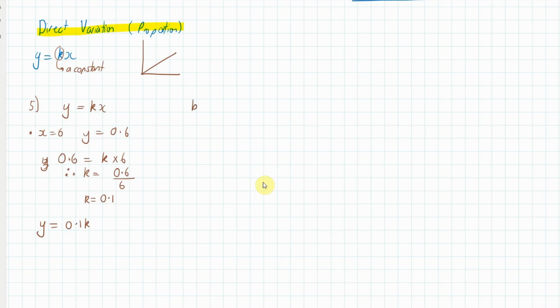And then part B, we now use that to help us find the value of x when y is 7. x equals question mark, y equals 7. So all we need to do is go 7 is equal to k, which is 0.1 times x.